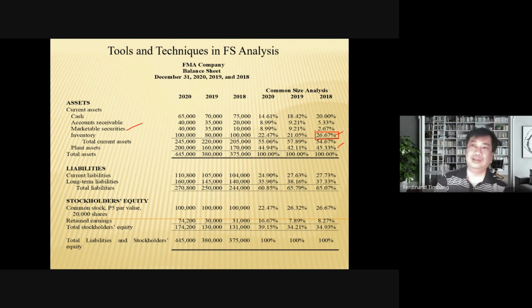Tapos alam nyo ano ginagawa? Instead na ibayad nila sa bangko kagad yung pera for the loan, ipapasok muna yun sa negotiable certificate of deposit. Ibig sabihin, they can place the money there for several days earning certain percent.